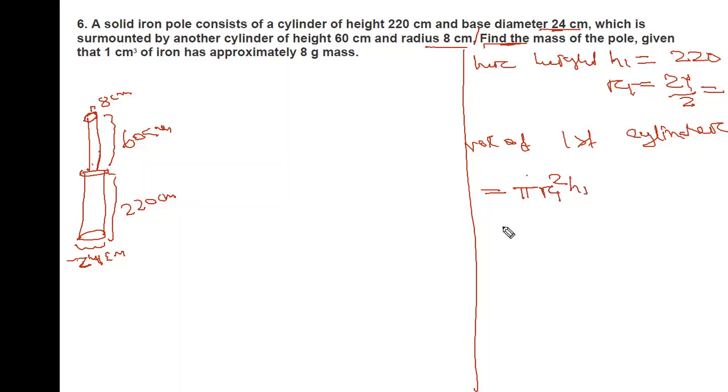Similarly we have to find the volume of the second cylinder. Again h2, which is the height of the second cylinder, is 60 cm, r2 equal to 8, it is given 8 cm.